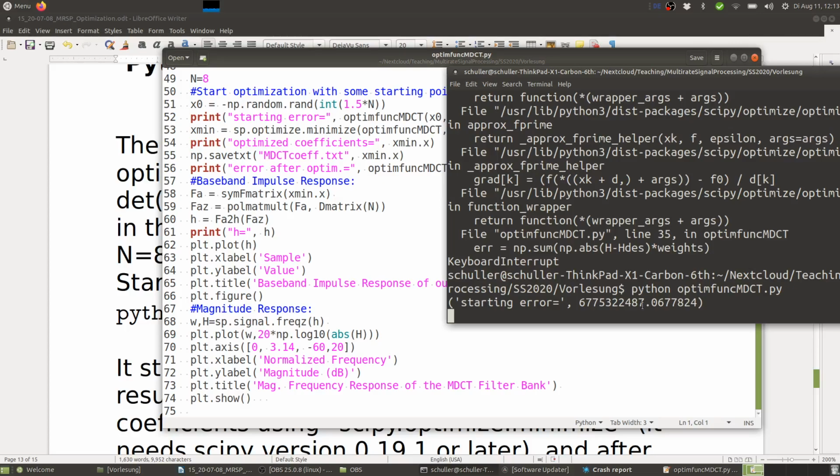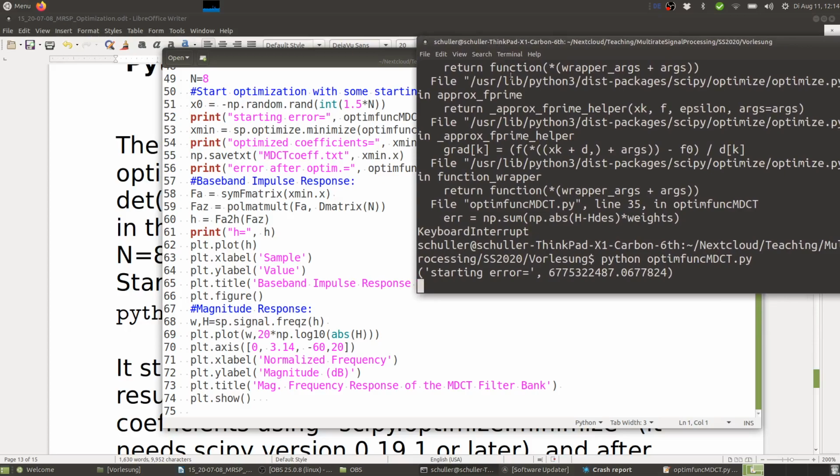Right, if you have many coefficients and you have a complicated error or objective function, it needs to compute many steps and many gradients and derivatives, and that can take quite some time. And you can see actually here in this blue bar that it's busy computing things, and it's not quite done yet.